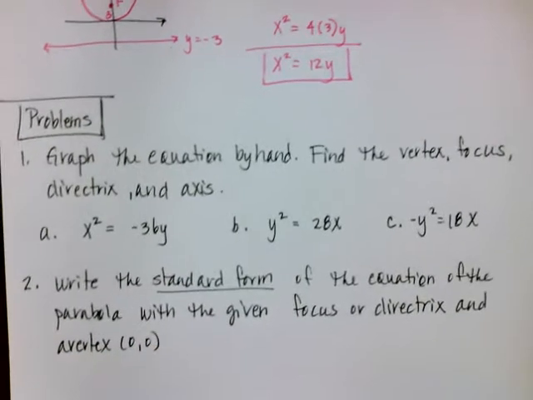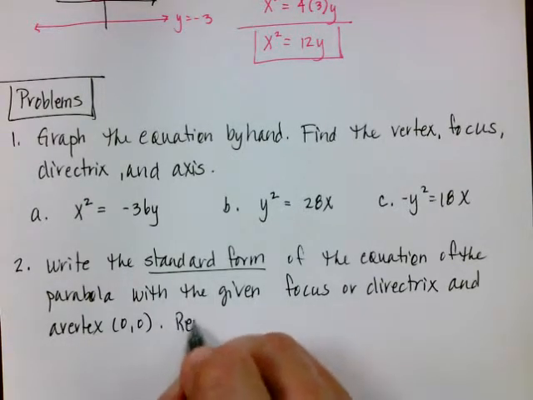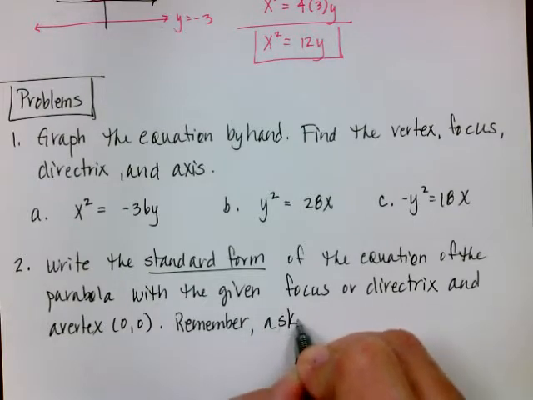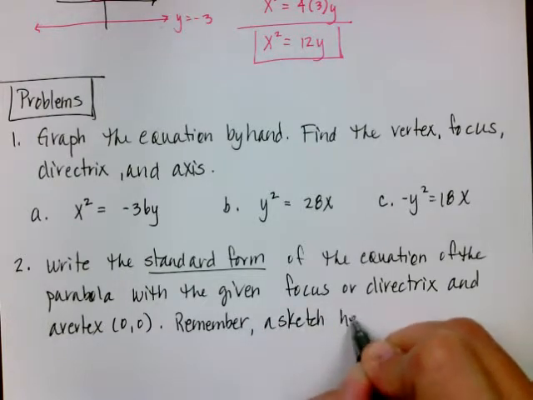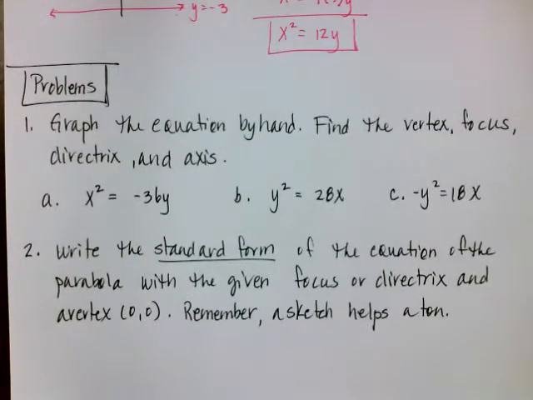Even if you use the working form, your answer needs to be in standard form. Later in the chapter, much later in the chapter, we'll start moving things around. And then I have a note that remember, a sketch helps a ton. What do they say? A picture is worth 1,000 words.